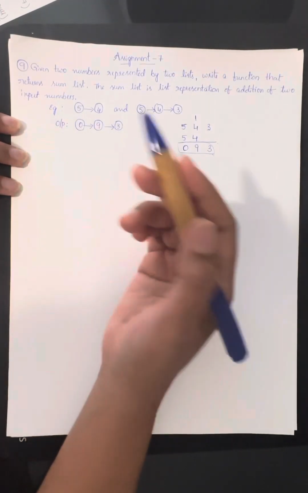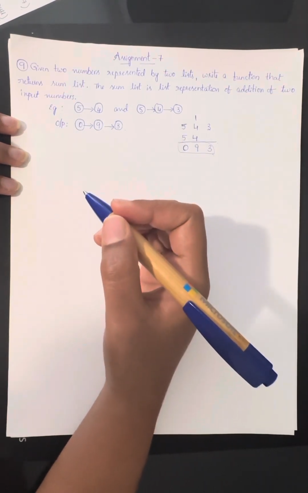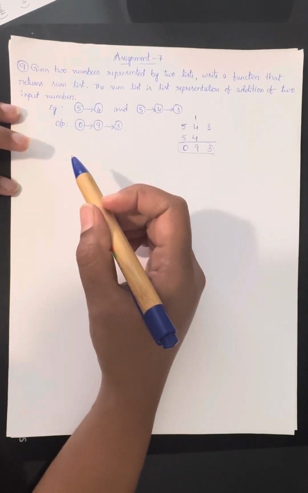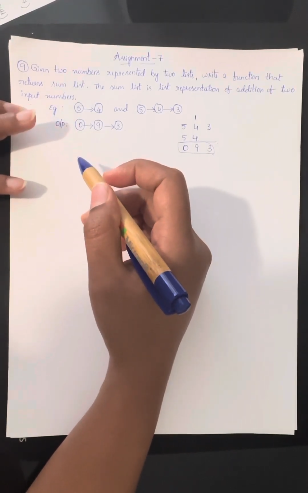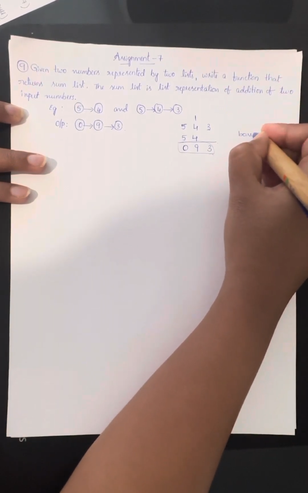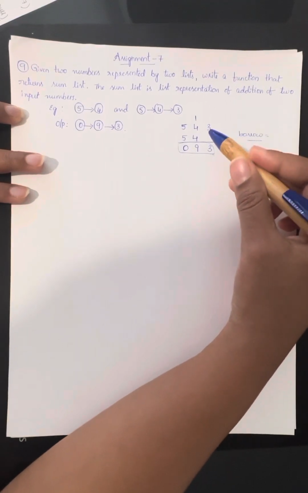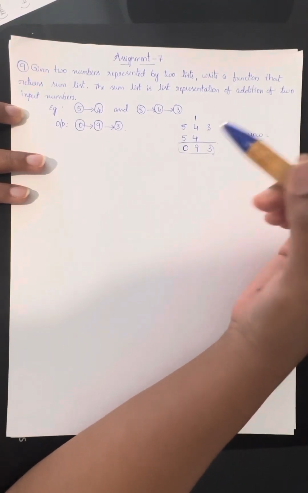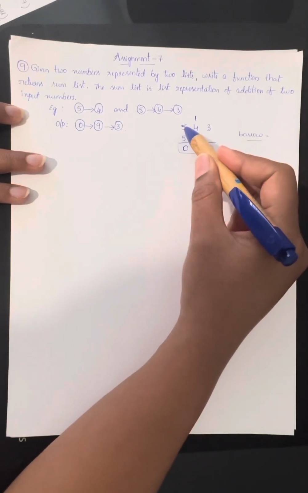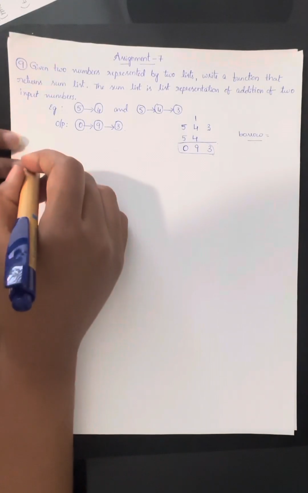In order to do this, I'll make a new list, and I'll have a separate variable in which I'm going to store the borrow, and I'll make the new list with the result that came by adding the two nodes.